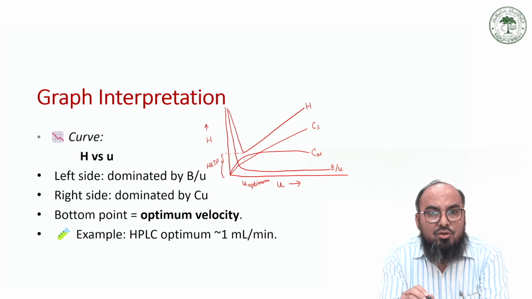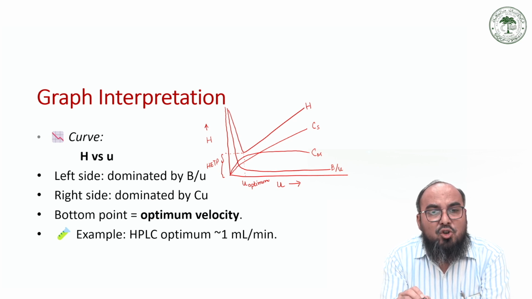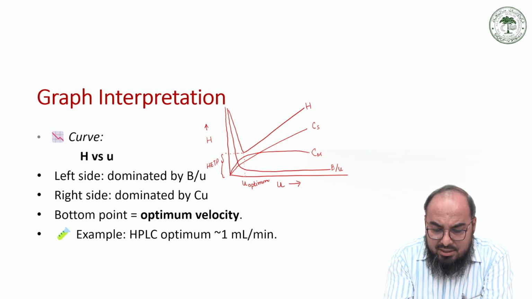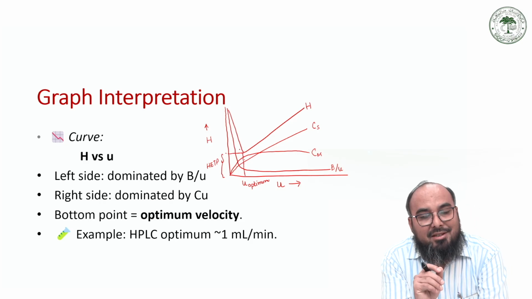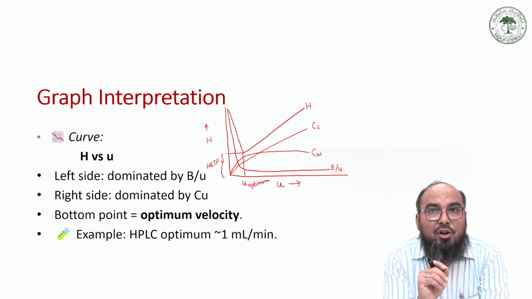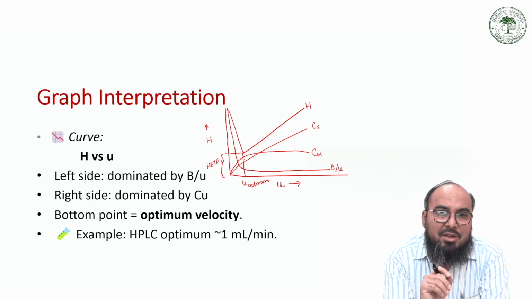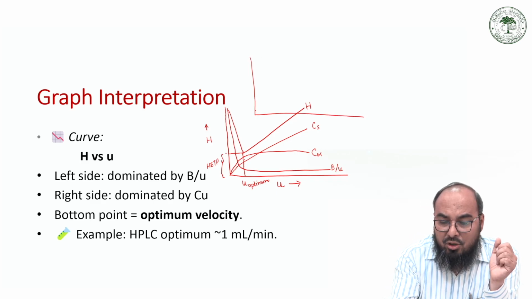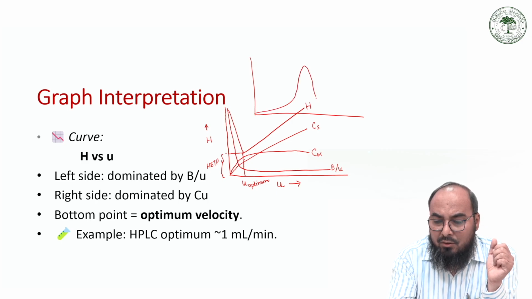If you see, the left side is dominated by the B upon U term, while the right side is dominated by the Cu term. So this is the optimum velocity which is to be kept to have the best efficiency of your column. Best efficiency means your peaks are well resolved in your chromatogram.